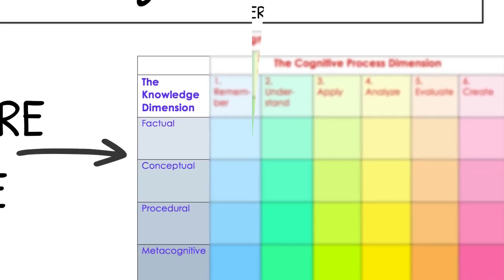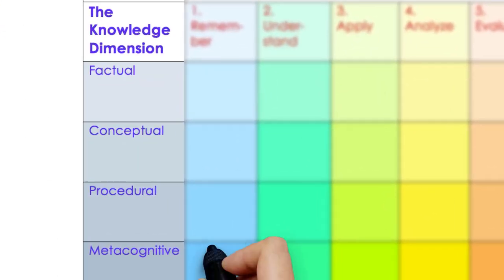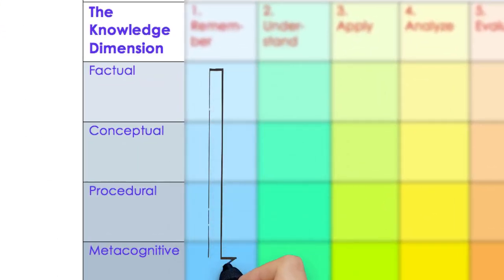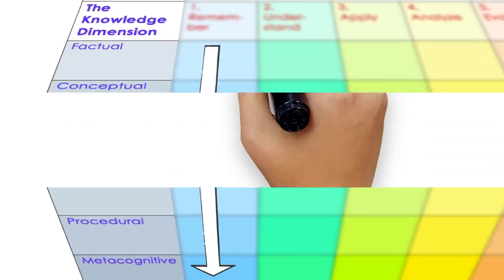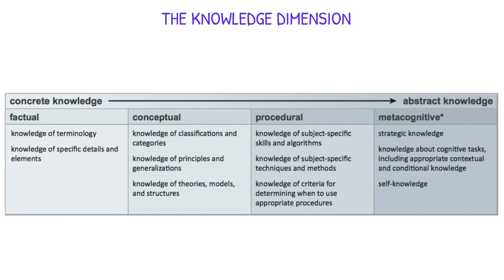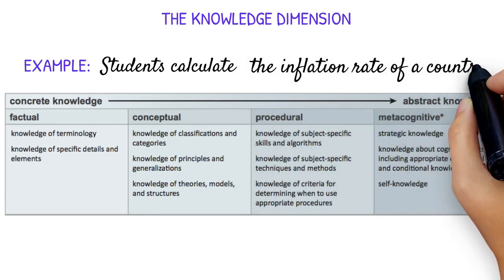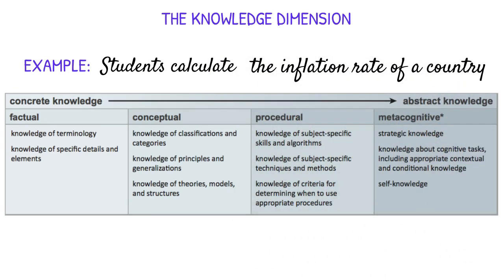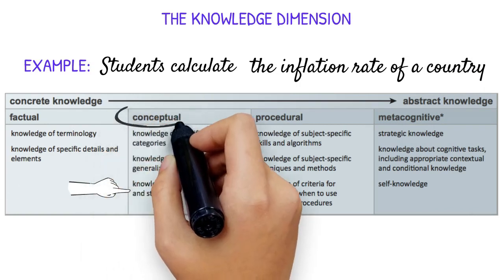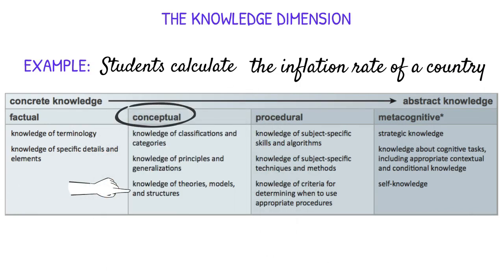There are 4 knowledge categories ranging from concrete as factual knowledge to abstract as metacognitive knowledge. You may as well pause here and have a look at the different categories of knowledge and think about where to classify the content of our example. As the inflation rate stands for knowledge of theories, models, and structures, the learning goal represents conceptual knowledge.